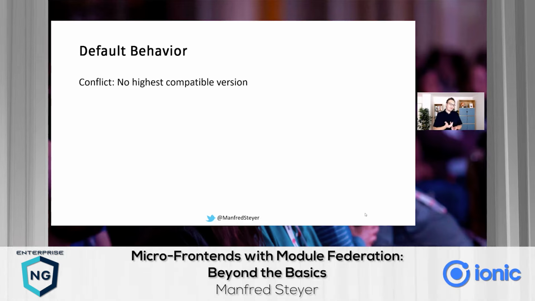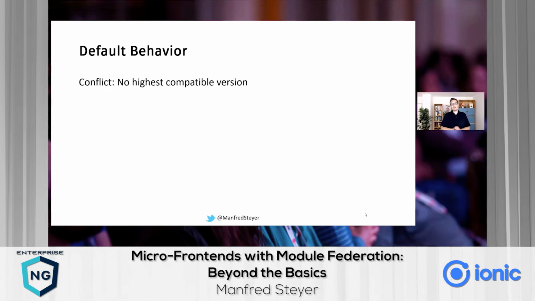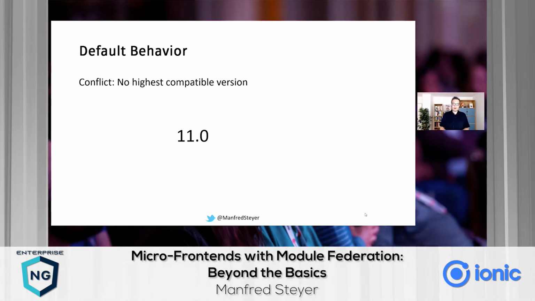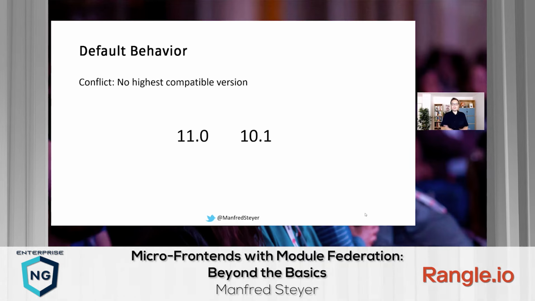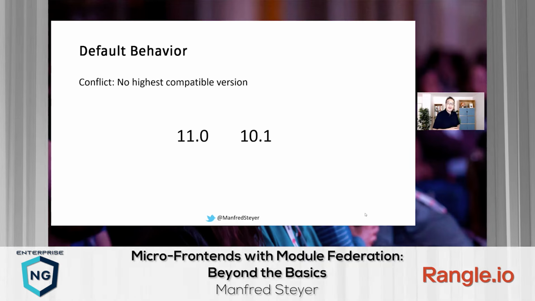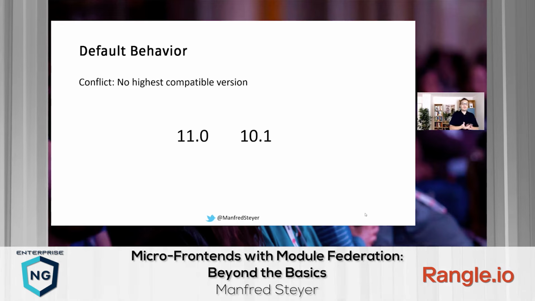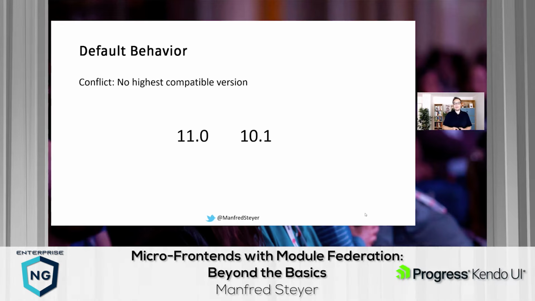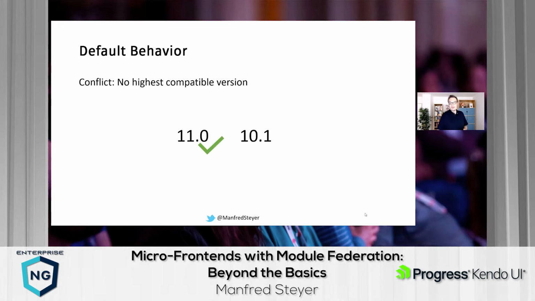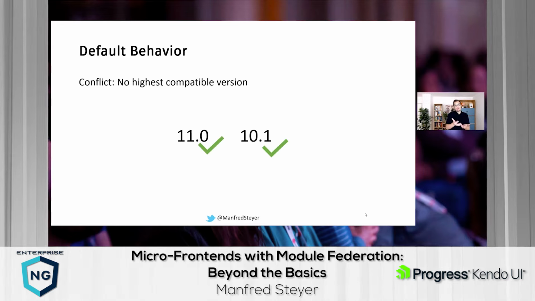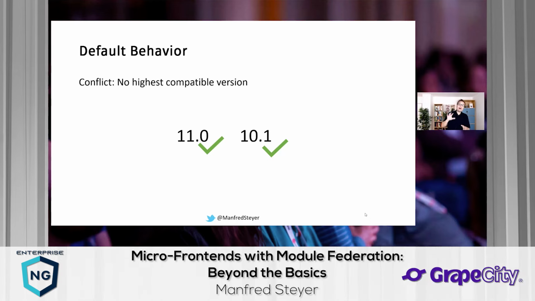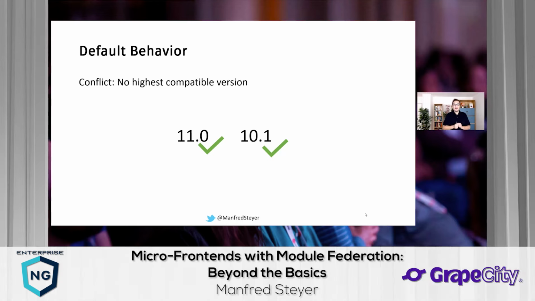Let's assume there is not a thing like a highest compatible version. Let's say we have version 11 here and version 10.1 there. In this case, we have a conflict because a major version might introduce breaking changes. And so the default behavior is to load both. This might be a hit on your bundle size, but it also might be okay-ish.